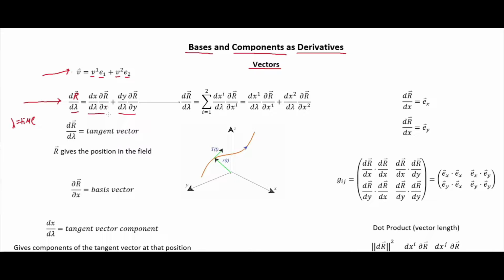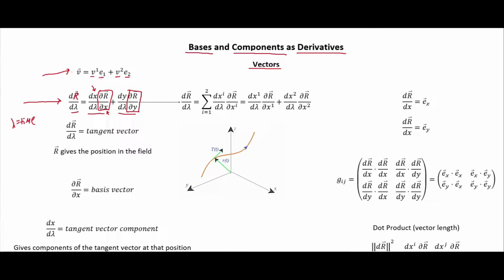So we can see that there's an x in the denominator here and an x in the numerator here. But we can think of these partials of r with respect to x and with respect to y as being the basis vectors.